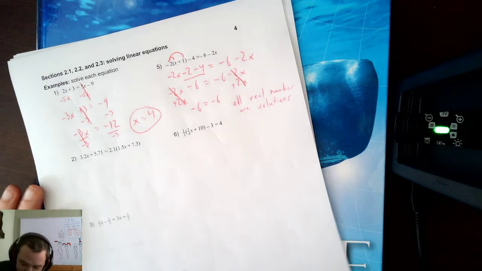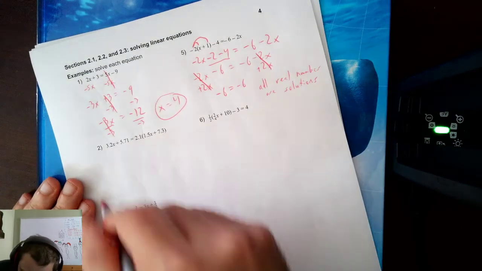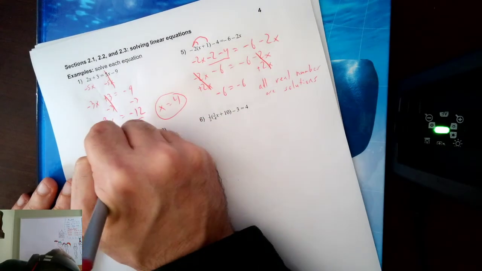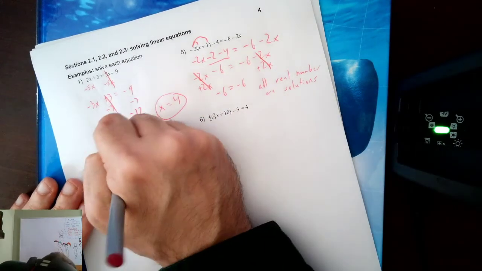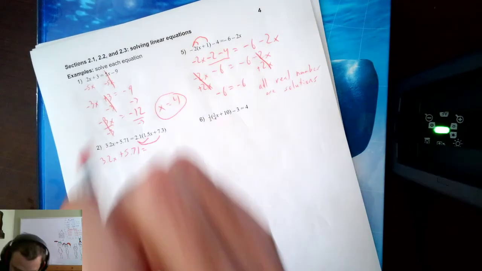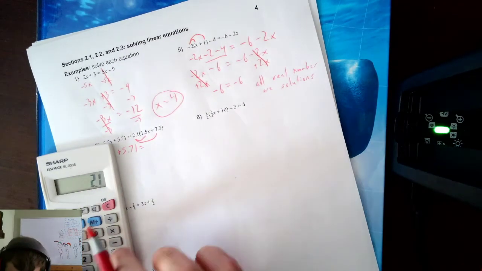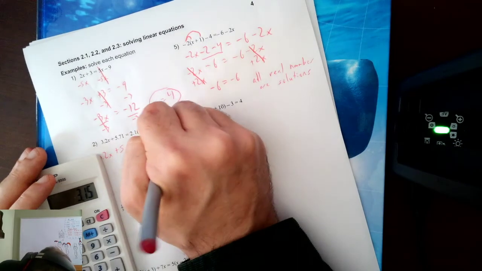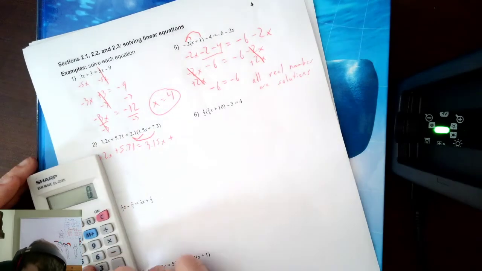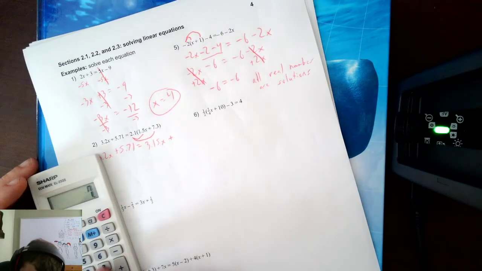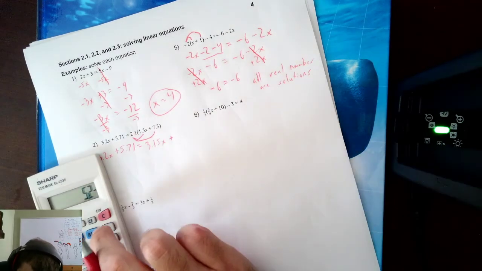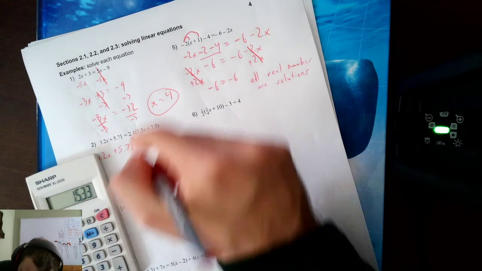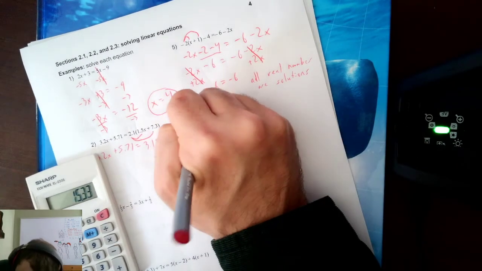Now, how about my next example? I got decimals. Well, I got to distribute 2.1. So let's see, 3.2x plus 5.71 equals, let's see, 2.1 times 1.5 equals 3.15x plus, let's see, 2.1 times 7.3 equals 15.33.